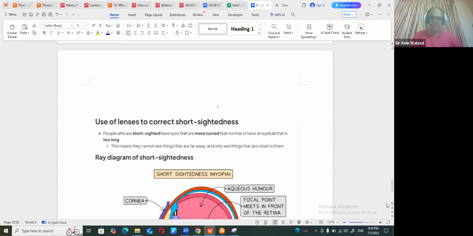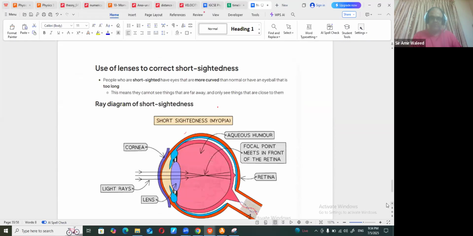Now here we call it short-sightedness. You can see in the short-sightedness case, what happened? The eye is more curved, and in this case you can see very nearby objects, but far away objects cannot be seen. You can see that the image is forming quite before the retina. The light rays are meeting quite before the retina, due to which people are unable to see.